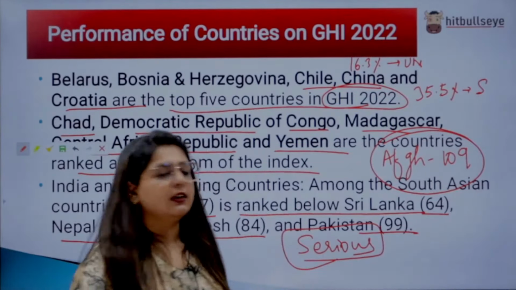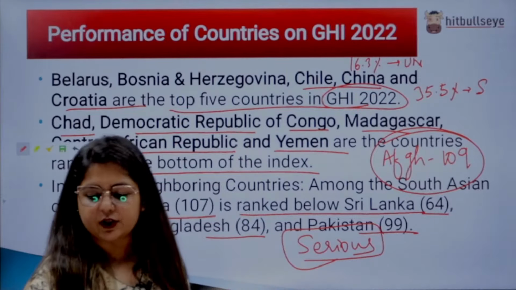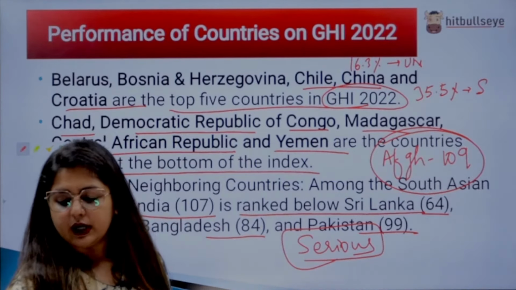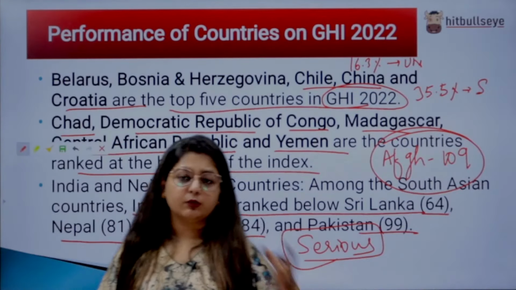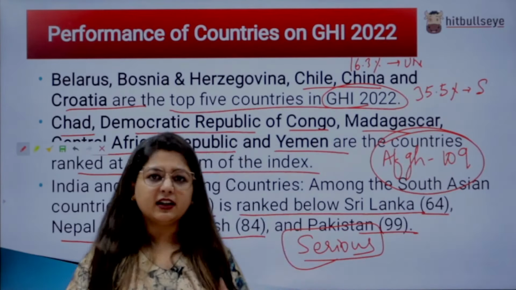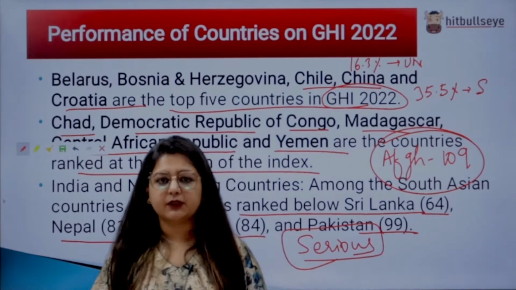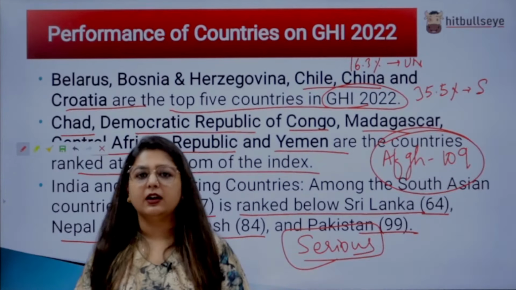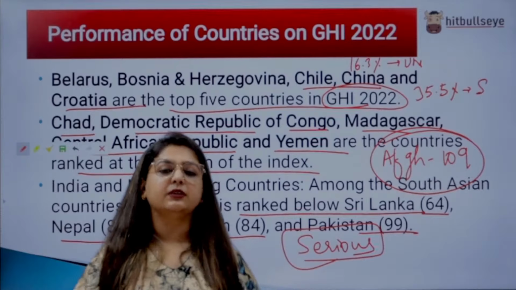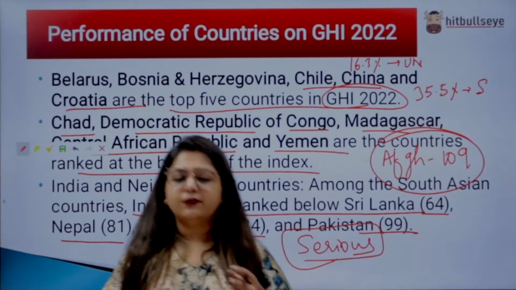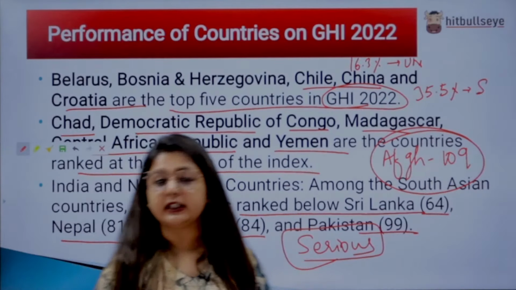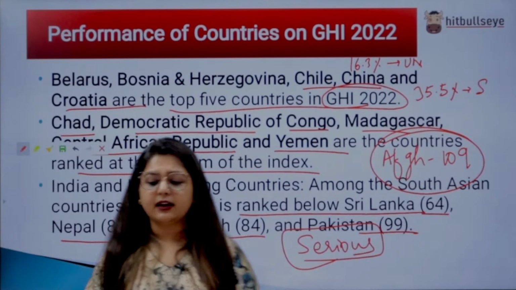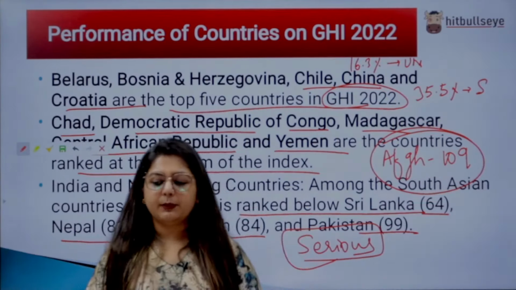So this is the Global Hunger Index which we have just discussed, and definitely the Indian government has taken several initiatives to tackle undernourishment in the economy. For example, we have the Eat Right India movement, Poshan Abhiyan, Pradhan Mantri Matru Vandana Yojana, food fortification, the National Food Security Act of 2013, Mission Indradhanush, and the Integrated Child Development Services Scheme.